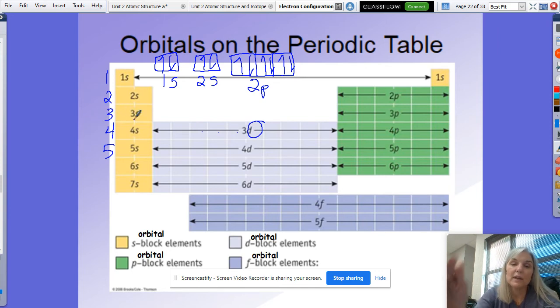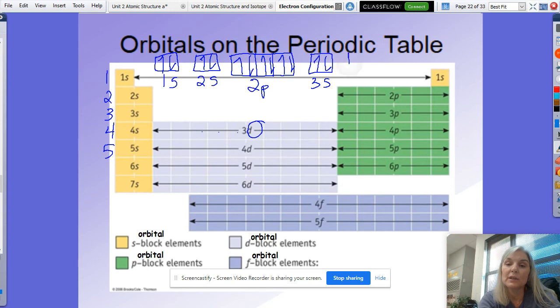So that's my 3s. So again, I'm at the s orbital. So remember, the s orbital only has one box. And we're counting 2 boxes. 1, 2. So up, down. And then now we're still going across. Now we're back at p again.